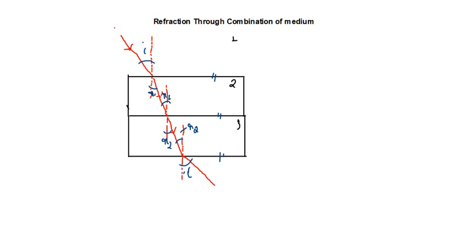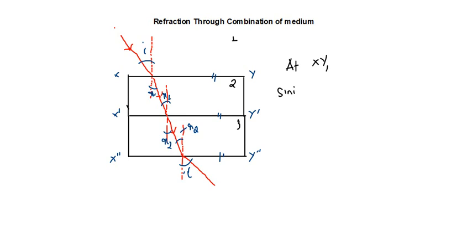As they're equal, now let me name the interfaces. This is XY, this is X dash Y dash, this is X double dash Y double dash. At the interface XY, what can we write?